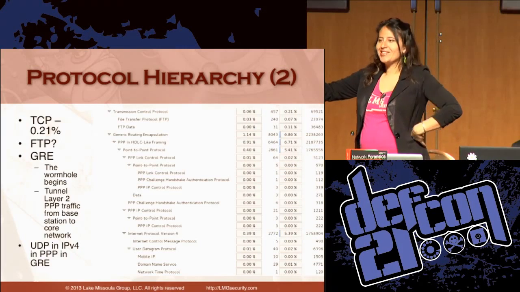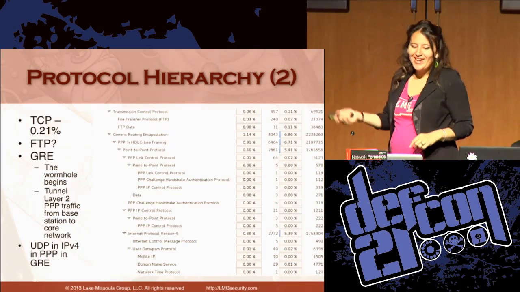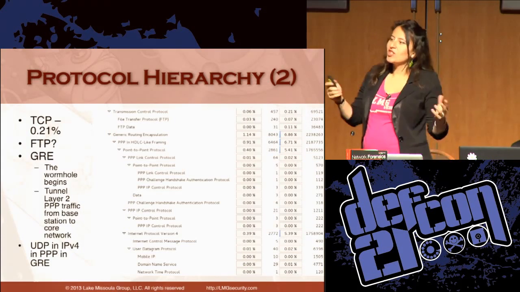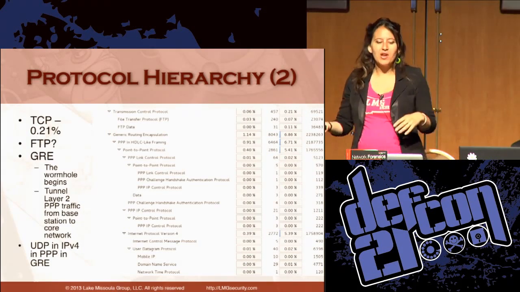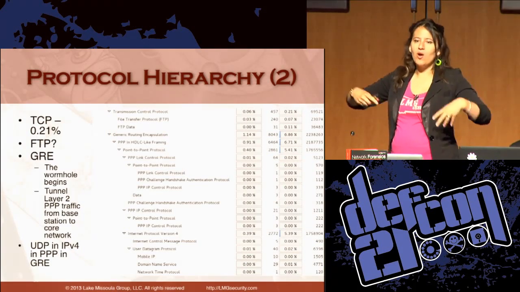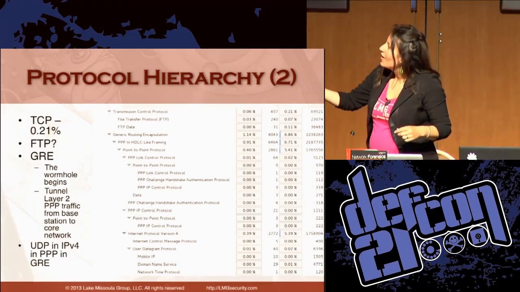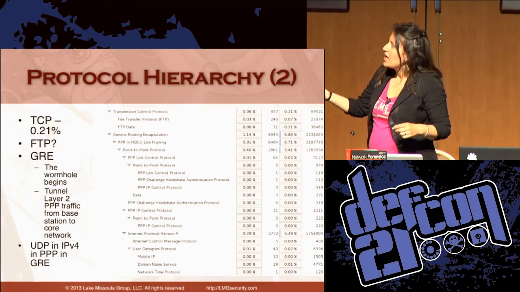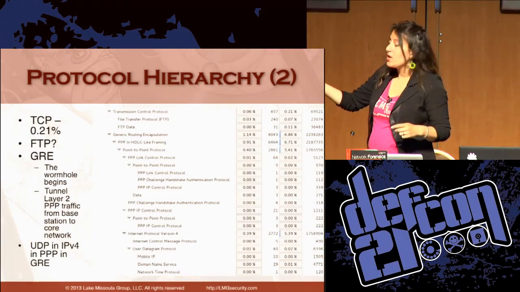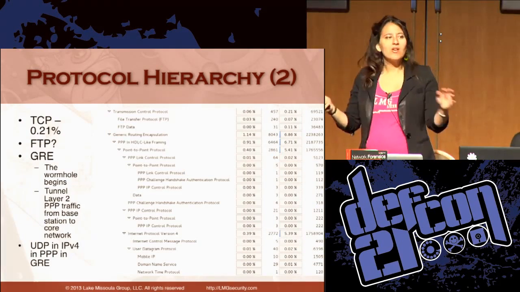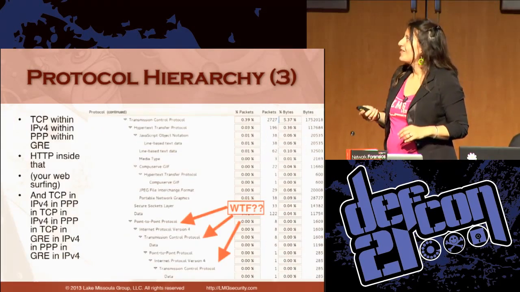And then we start getting into the madness, the mirror world. There's GRE, which is used to tunnel layer 2 PPP traffic from the femtocell over to Verizon's core network. And then you see, I don't know if you can see here, UDP in IPv4 in PPP in GRE. Okay, I can handle that. Here's the next screen.